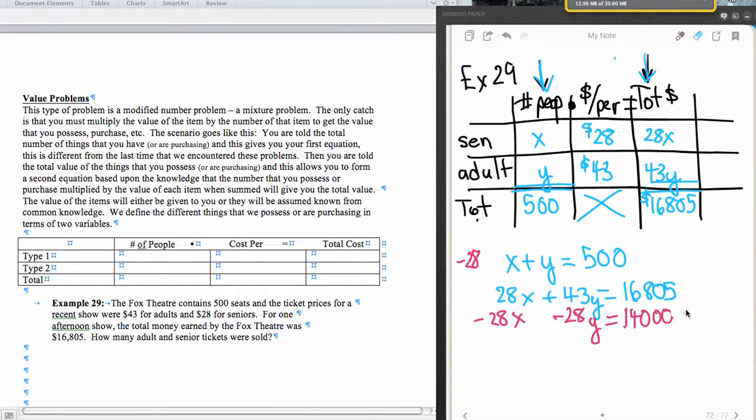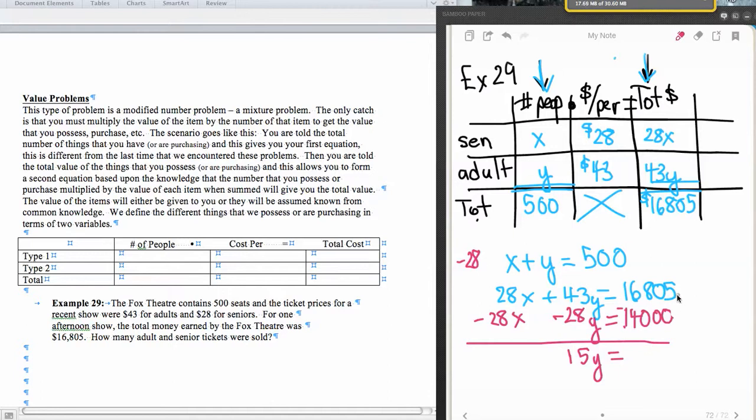And so now what we have is the difference between these two, because this is a negative, and we have 0 here, and 43 minus 28. So 43 minus 28 is going to give us a 15, and that's 15y, it's positive.